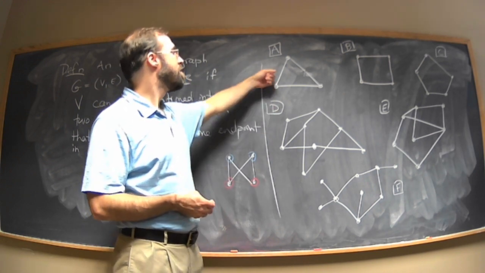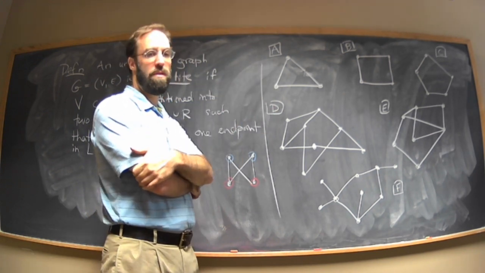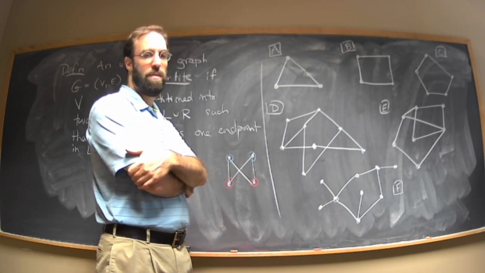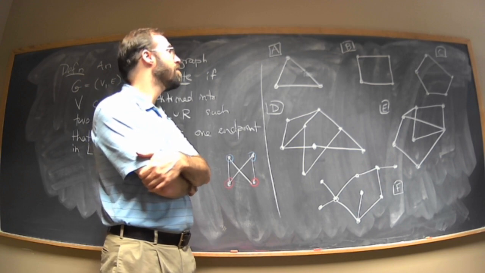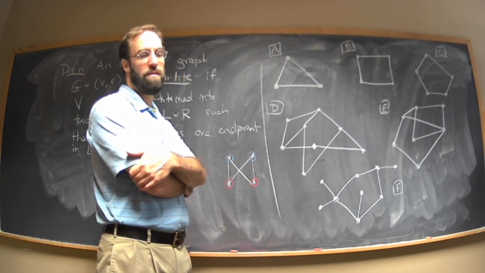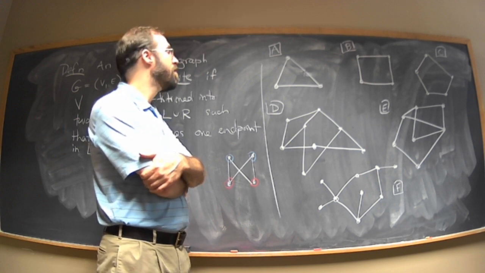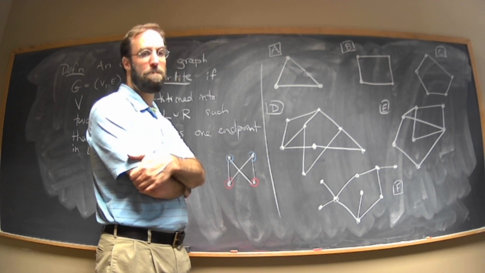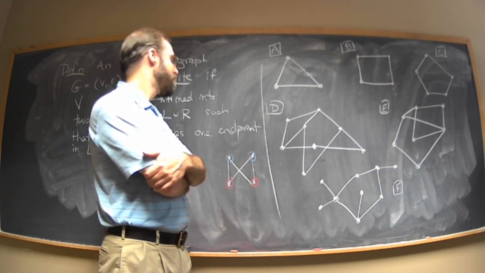Group A, how about graph A? Do you think it's bipartite or not? We said no. Okay. Do you have a way to argue why it is not? If you split it into 1 and 2 in any combination, the two that are together will always have an edge between them. Right.